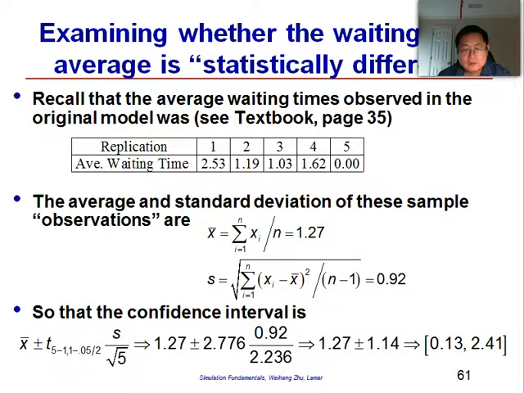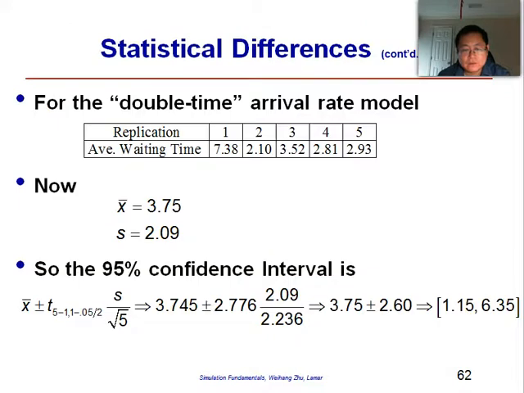In this slide, we illustrate how we calculate the confidence interval of the average waiting time for the original problem. This slide shows how we can calculate the confidence interval of the average waiting time for the new problem.